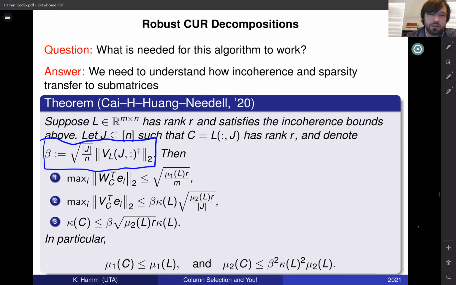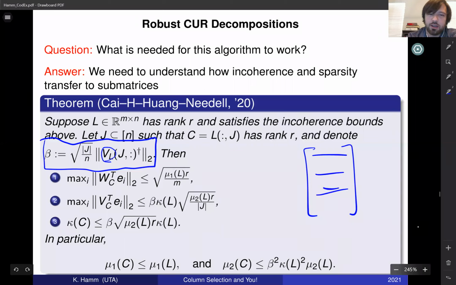And the second is a row submatrix of the compact right singular vectors. So V sub L is a tall thin matrix, and I'm taking a few columns of it and looking at the norm of its pseudo inverse.